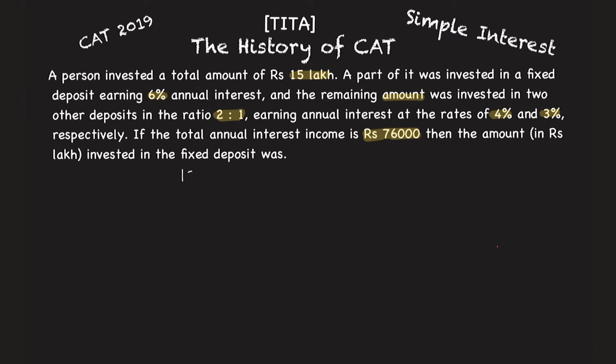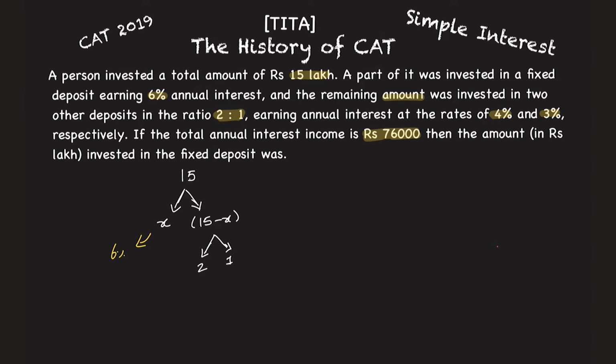In total you had 15 lakhs. Let's keep it as 15. Now it is divided into 2 parts. One is your X, which is kept at 6% deposit, because if I get the value of X, I get this. So the other amount will obviously be 15 minus X. That is again divided into 2 parts, in the ratio of 2:1.